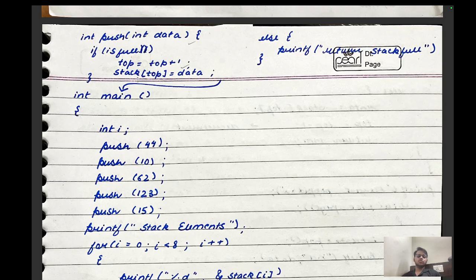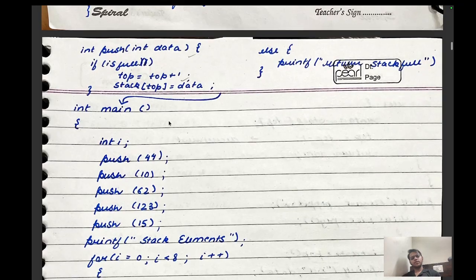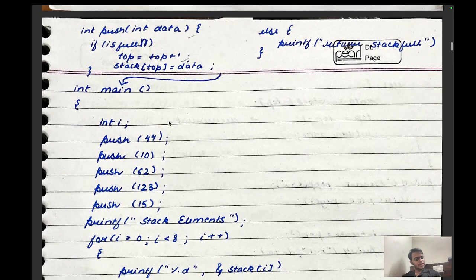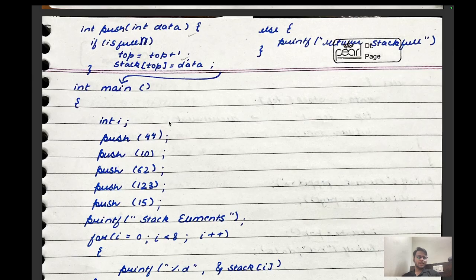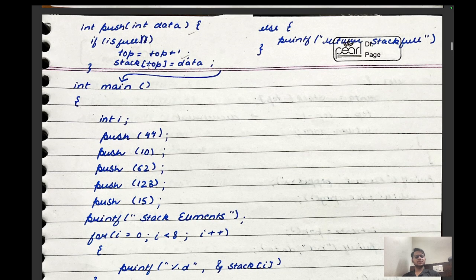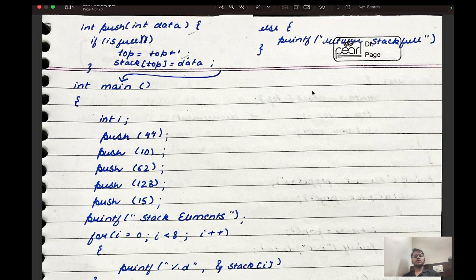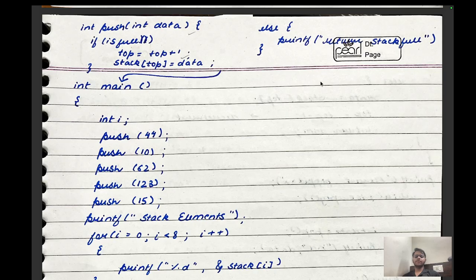So the index of top becomes zero if the stack is empty right now, which it obviously is in the beginning, and it's not full here. So stack[top] means you are storing the element at that index of the stack. So the zeroth index of the stack would have your data. And if the stack is full, then in the else statement printf returns stack full.